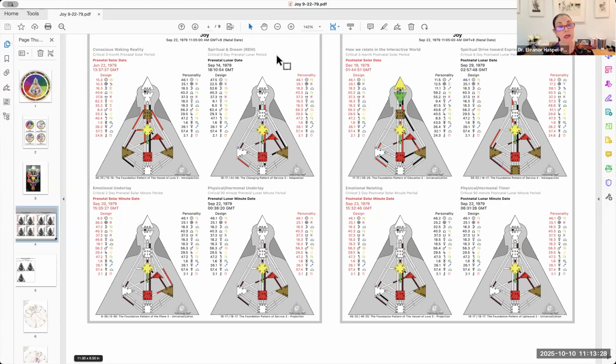And the reason I show you the wheel is that we begin with the prenatal calculation in the mental waking world, and we end with the postnatal calculation in the mental waking world.